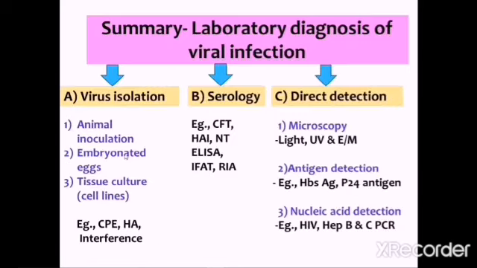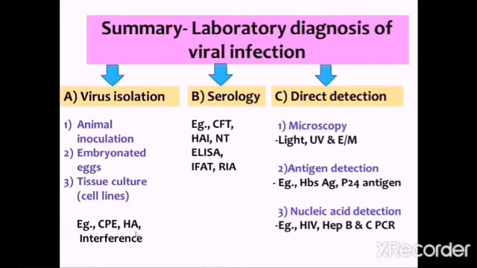So what is the summary of lab diagnosis of viral infection? You can either isolate this from cell culture, animal inoculation, embryonic eggs, tissue culture. We have talked about all of these different inoculation methods. You can find out cytopathic effect.